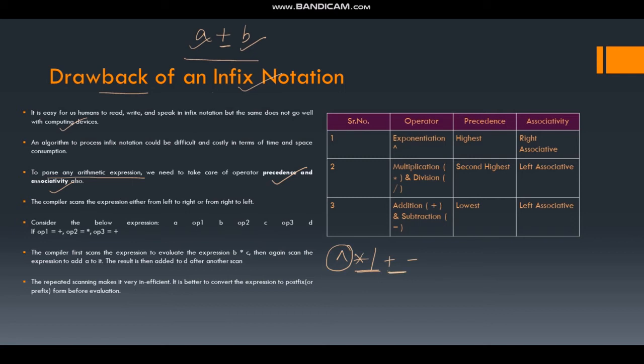So that is as per the precedence. When we talk about the associativity, we say that exponential is right associative, and the multiplication, division, addition, and subtraction are left associative.